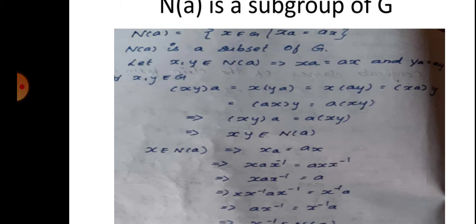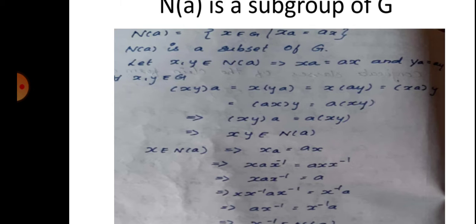Next we verify the inverse property. Take x belonging to N of a. By the definition of N of a, x commutes with a, that is xa is equal to ax. Now post-multiply by x inverse, we get (xa)x inverse is equal to (ax)x inverse. But x x inverse is equal to the identity element e, so a e equals a. So xa x inverse is equal to a.